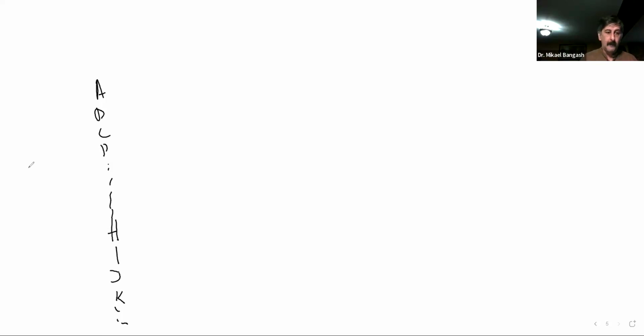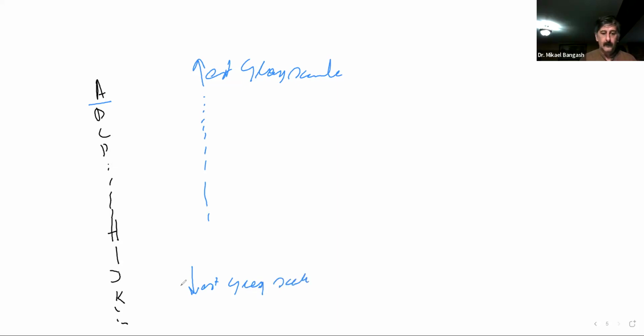Clear? Now map A is going to be the greatest grayscale. And we mainly say that the grayscale decreases as we go down the list.